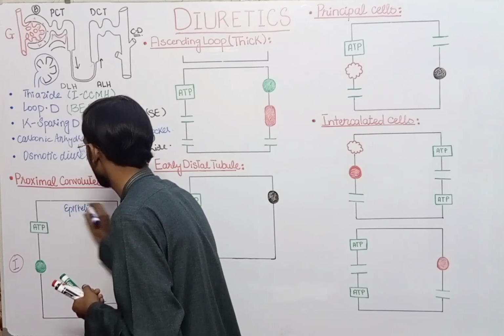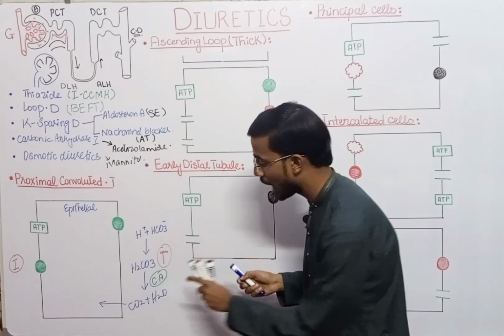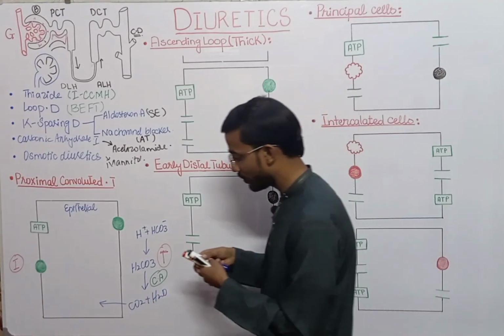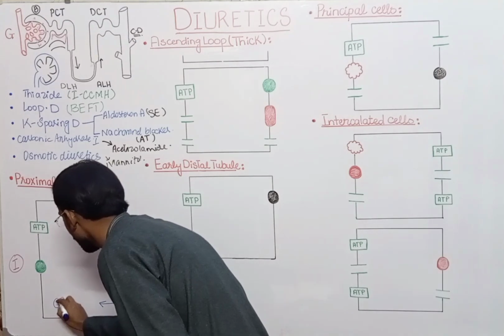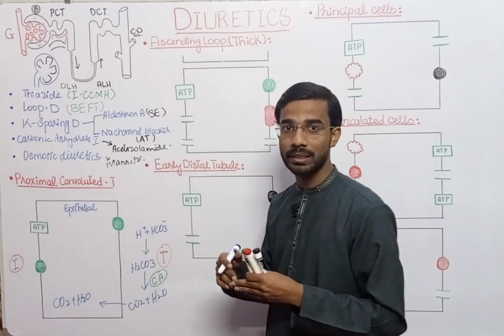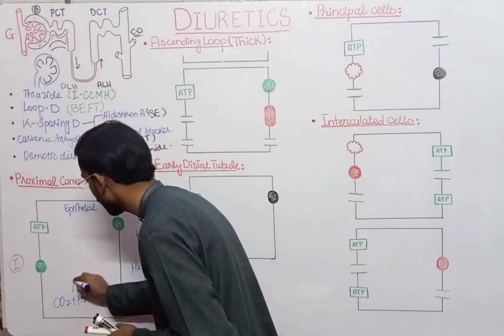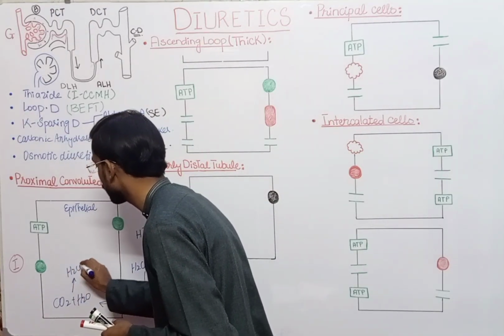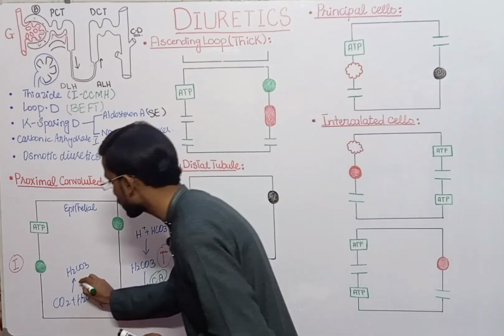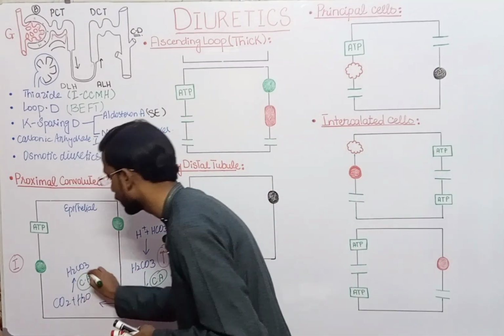The carbon dioxide and water enter into the epithelial cell, and when they enter, they combine together and form again H2CO3, the carbonic acid, again in the presence of the enzyme carbonic anhydrase.